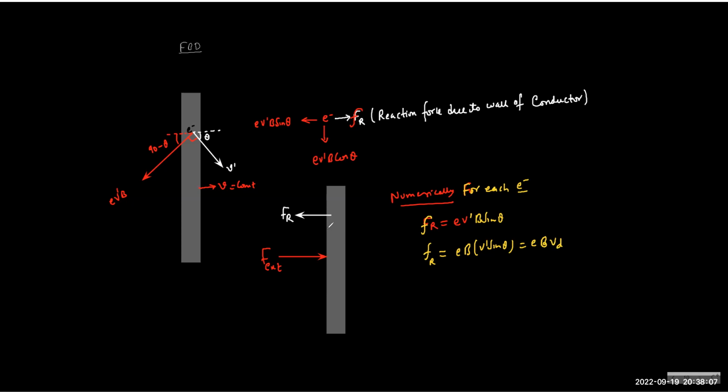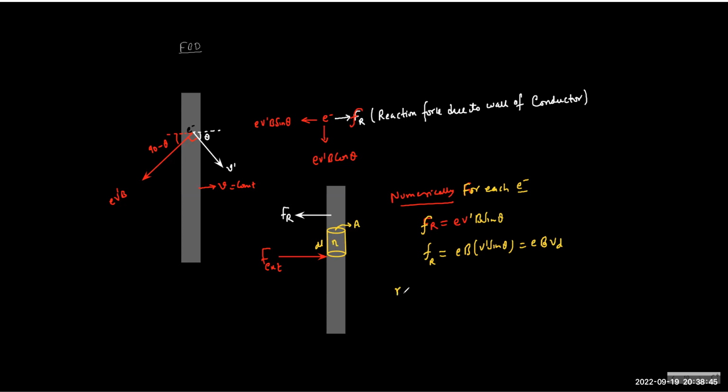So if I consider a small part of the rod of length dl and cross-sectional area A, how many electrons will be in this volume? Do we know the number of electrons in this small volume? We have something called concentration n.